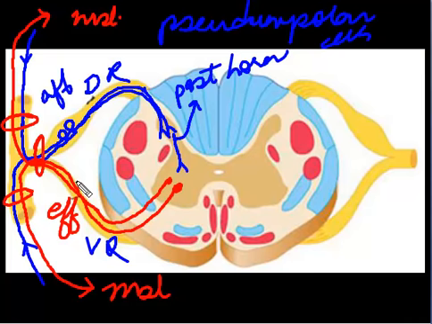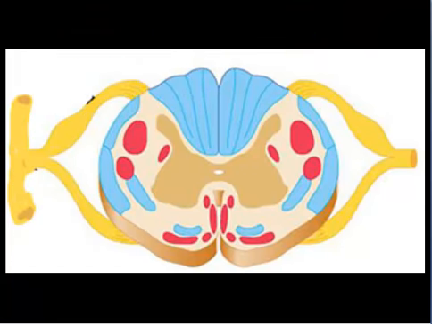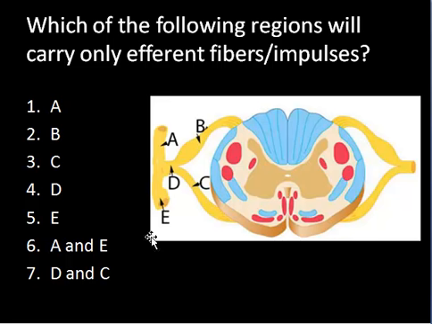So the question asked which was the region which carried only efferent fibers. So we can see from this picture only efferent is present in the ventral root. And if we go back to this diagram, we can see that C is the ventral root, and hence C would be the answer to this question.